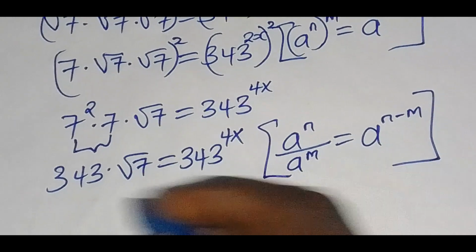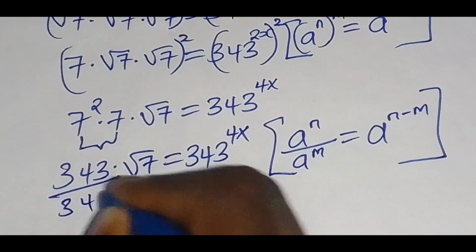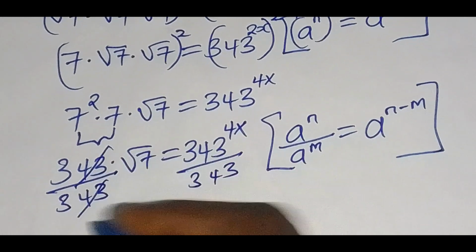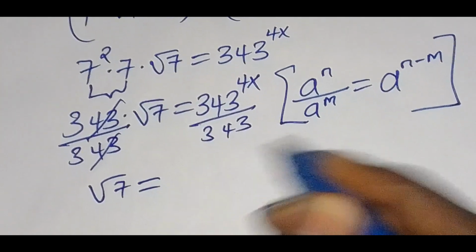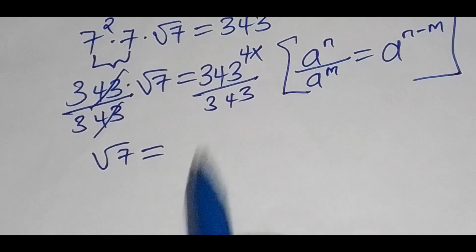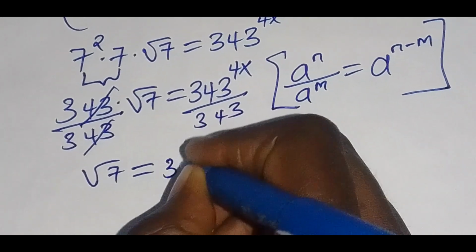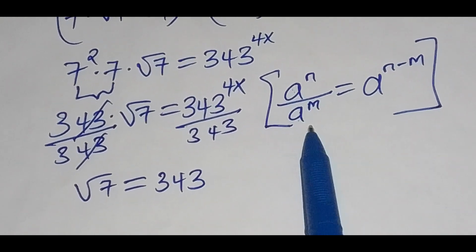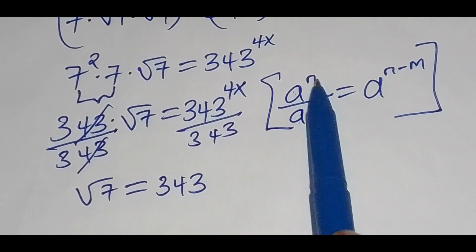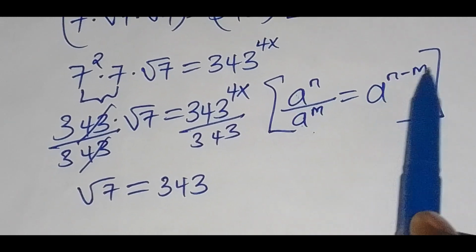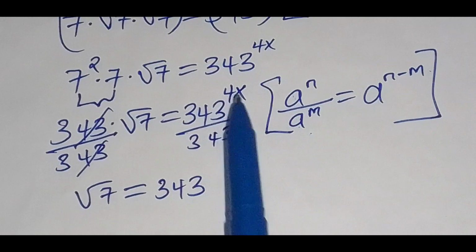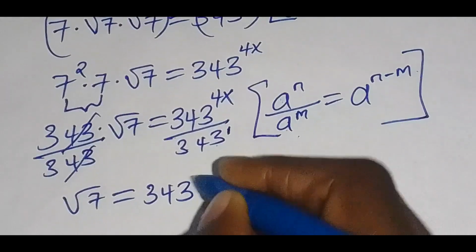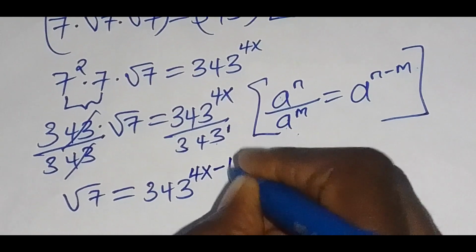We divide both sides by 343, 343 divided by 343, so that we'll have the square root of 7 is equal to 343. Remember, the bases are common, so we are going just to subtract the powers. That is n minus m. So we'll have 4x minus 1, since this is 343 raised to power 1.